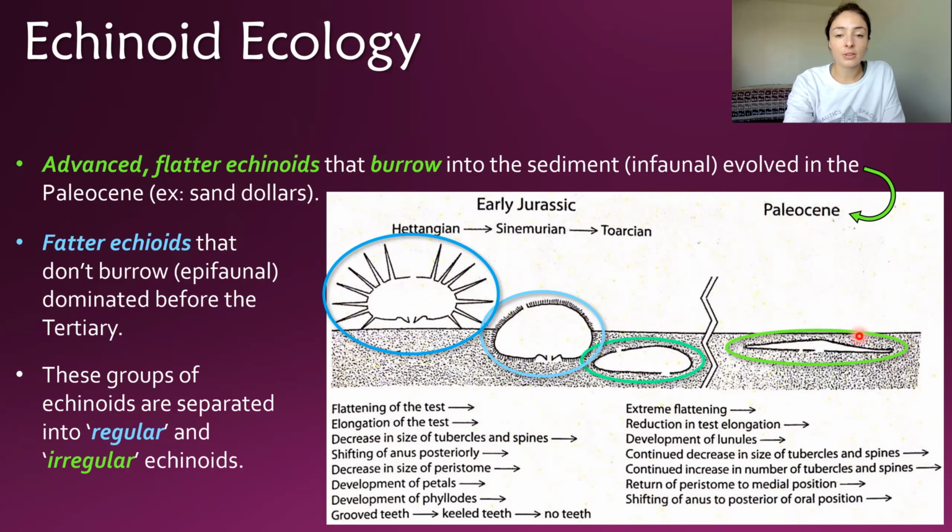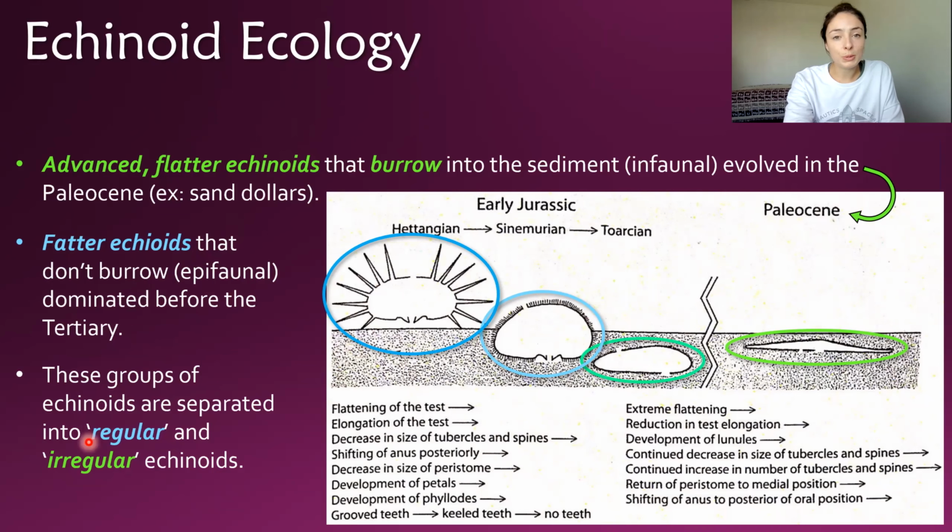And these flatter echinoids, such as sand dollars as an example, are infaunal because they burrow into the sediment, and they evolved later in the Paleocene, whereas fatter echinoids were and often still are epifaunal in that they don't burrow into the sediment. They live on the sediment floor rather than in it, and they dominated before the Tertiary, or before the Cenozoic era in general.